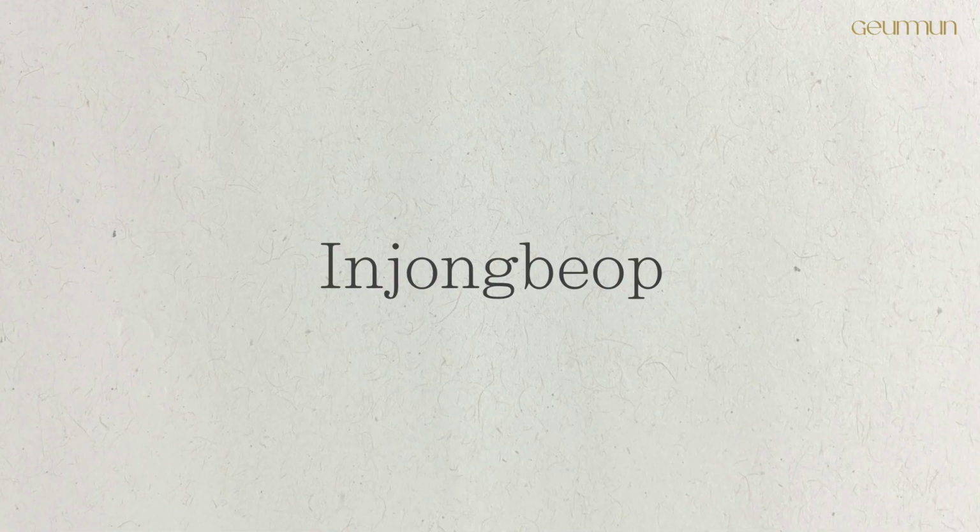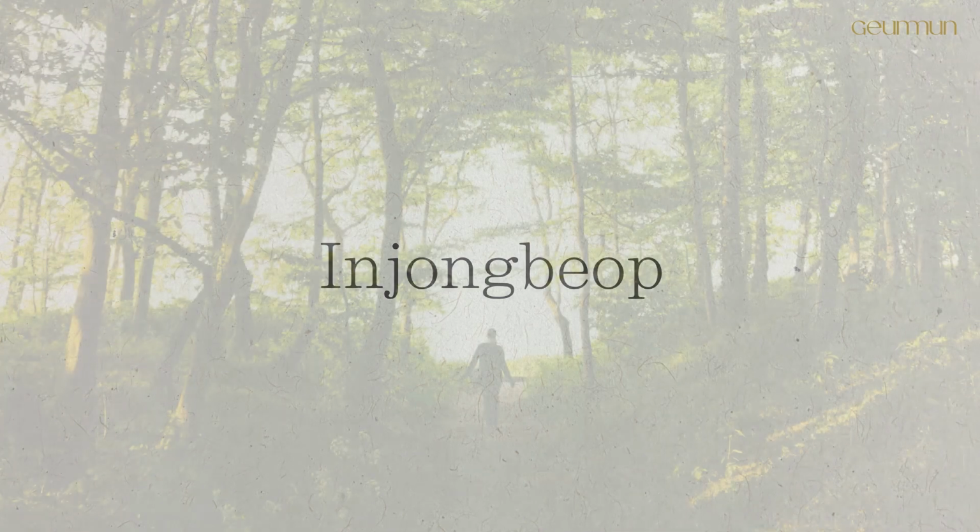Unlike Jwabeop, Injongbeop involves drawing in the energy of the 5 elements that are not included in the Jijangkan and pairing them with the Ilju for interpretation. It's a way of actively seeking out and reading the energies that are not directly present in the Saju chart.